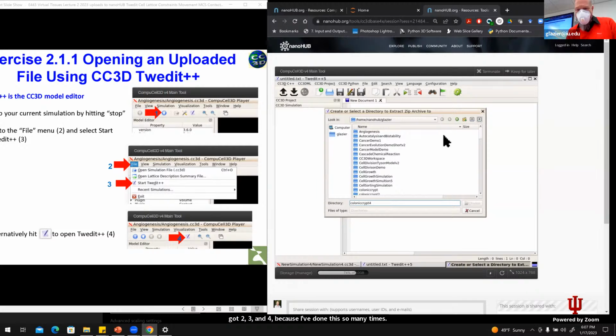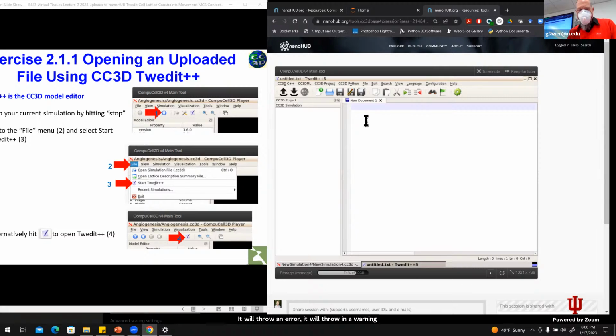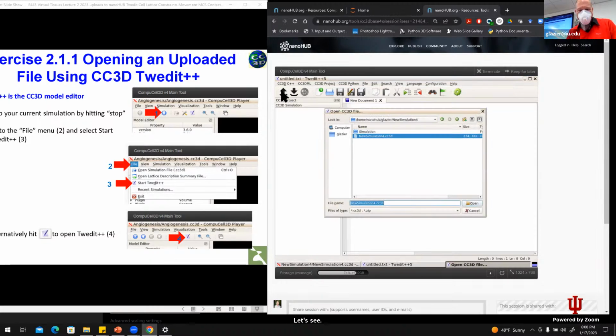Not found. There we go. It will throw an error. It will throw a warning message, but it should actually do it. Let's see. Well, let's see what happens now. It's here.